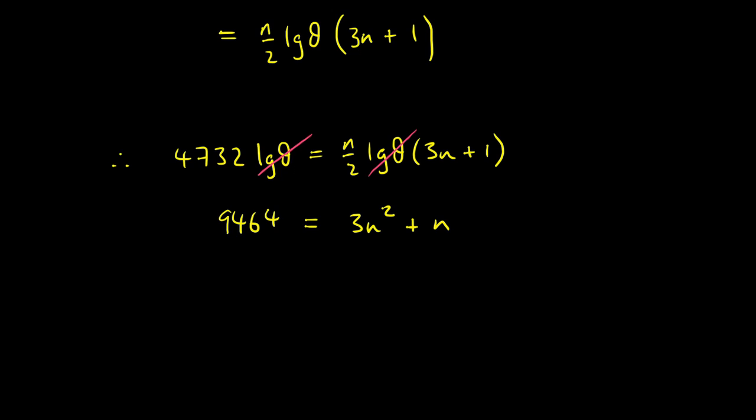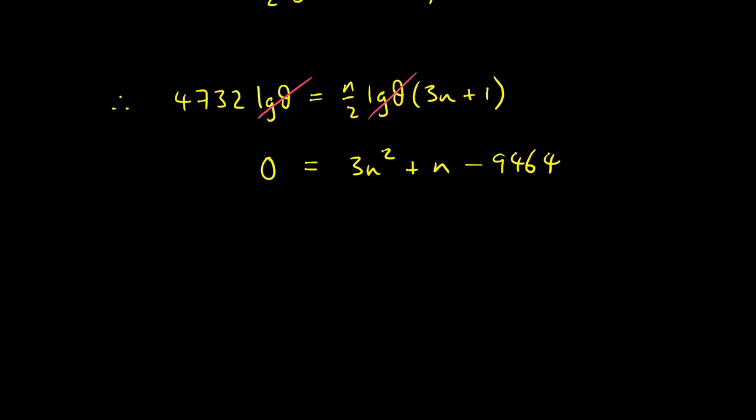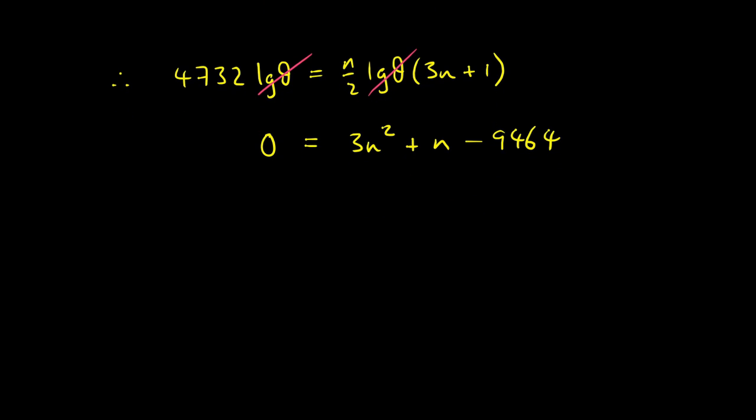And so I think what I'll do is I'll just convert that directly into a quadratic like this, minus 9464. Now that's a quadratic, and you're going to have to solve that. So you could factorize, but I think it'd be very difficult to properly factorize that. You can use your calculator if you're familiar with using a calculator, or you could use the quadratic formula.